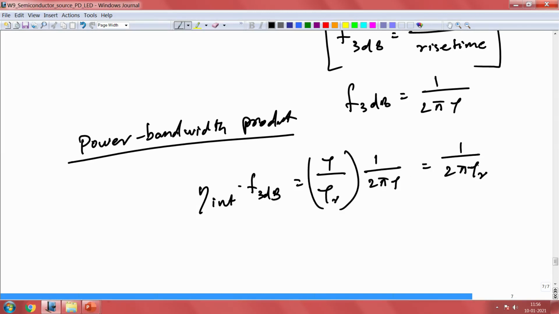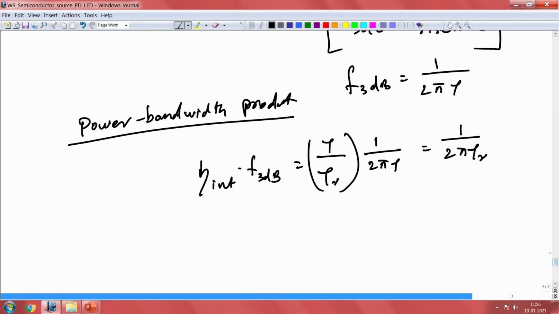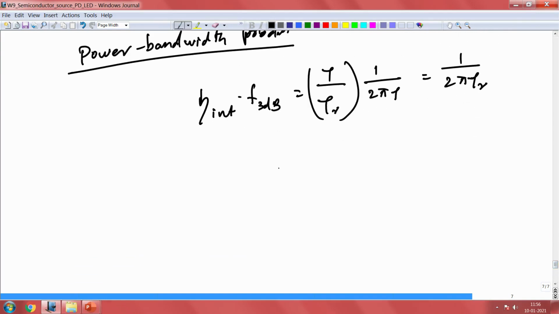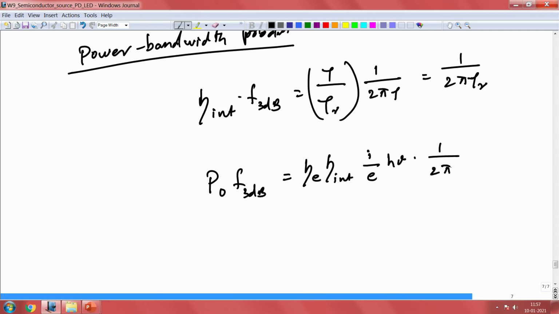So, now you can see that gain bandwidth primarily depends on the radiative recombination factor only. Now you can even further expand this. Look at the power bandwidth P naught f 3 dB, which is nothing but external efficiency, internal efficiency, I over E h nu times 1 by 2 pi tau.